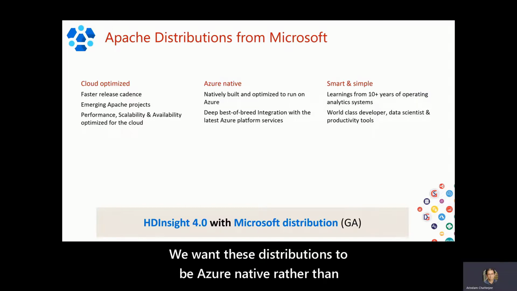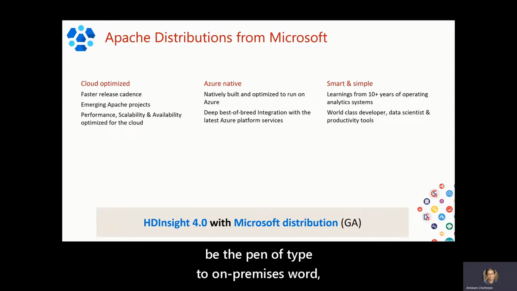We want these distributions to be Azure native, rather than tied to the on-premises world. An example being Kerberos as the native authentication and identity system on premises. We know that the world is moving towards more cloud-friendly modern authentication systems like OAuth, for example.